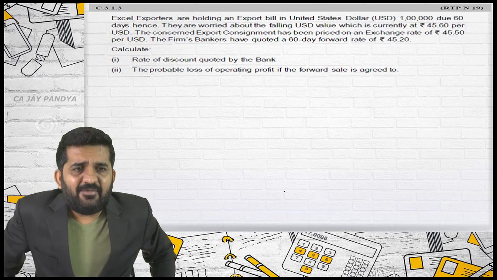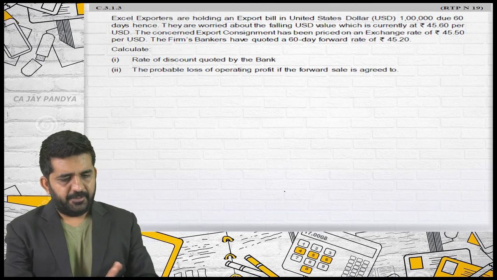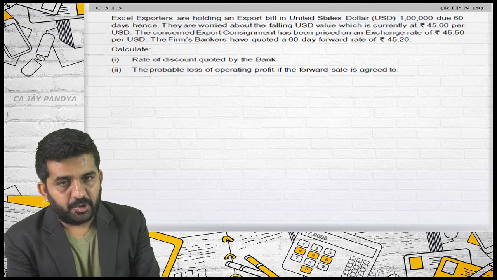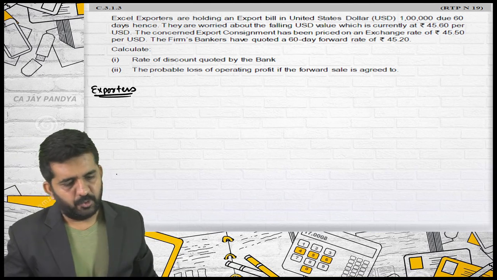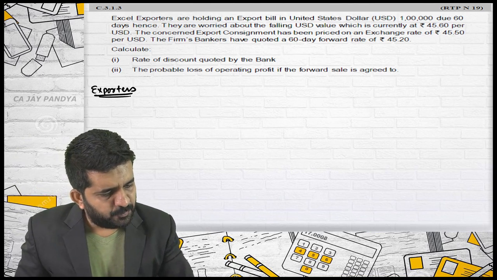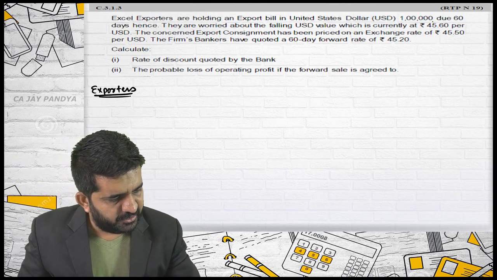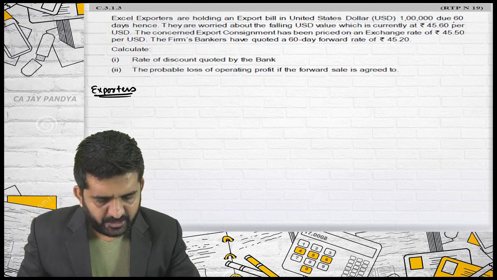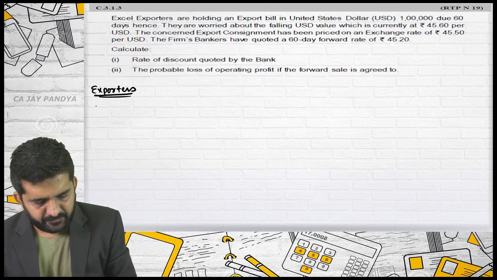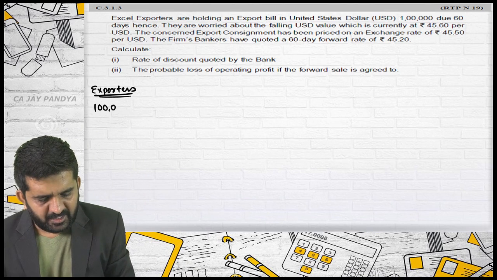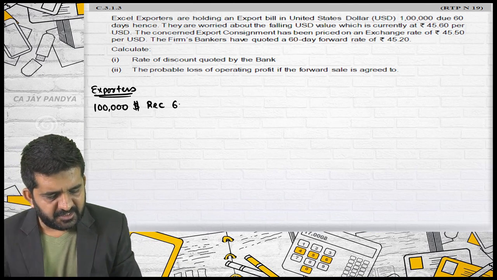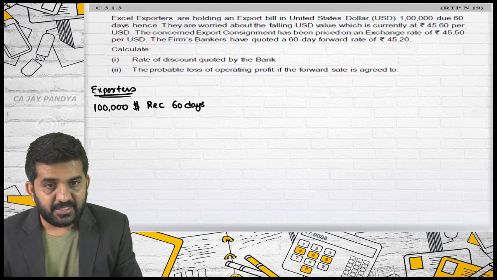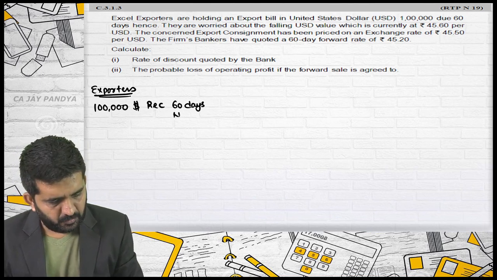Alright, this has one interesting point. Exporters are holding an export bill in United States dollars, US dollar 1 lakh due 60 days hence. 1 lakh dollar is receivable 60 days from now.